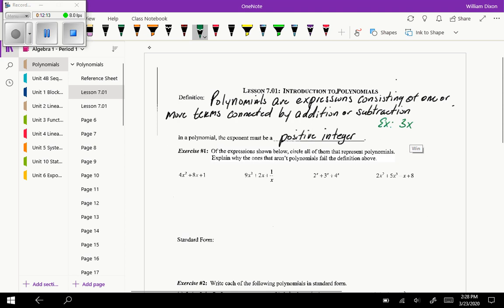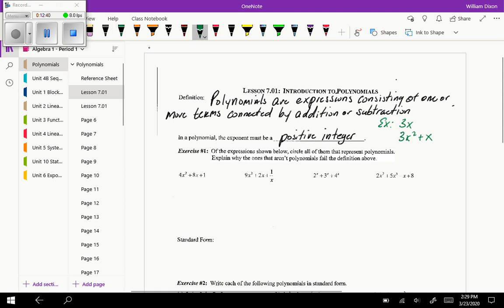But the integer there is positive, so it is a polynomial. 3x squared plus x. We know those are not like terms. We can combine them. We'll talk about that in a couple minutes, but that's a polynomial. Those are two terms. 3x squared is a term, and x is a term. So that is a polynomial.